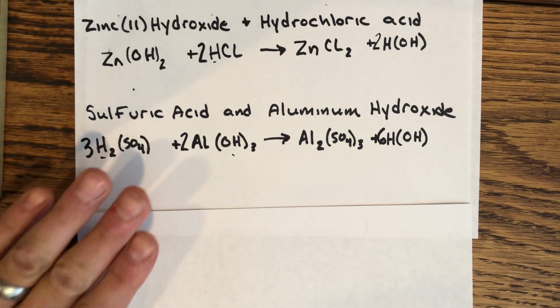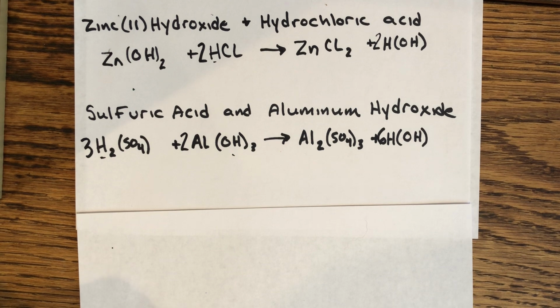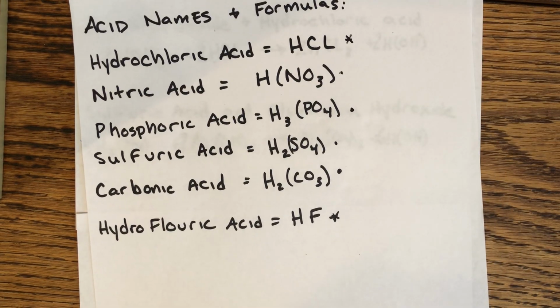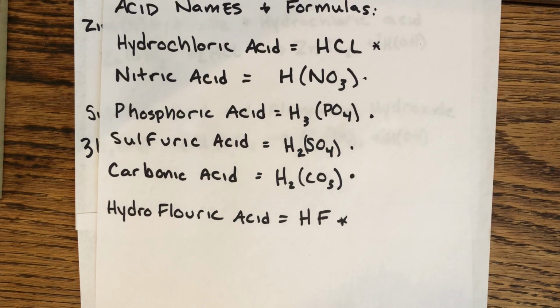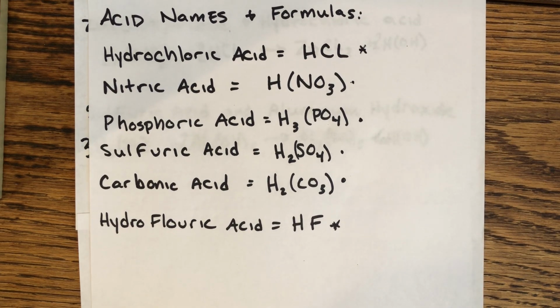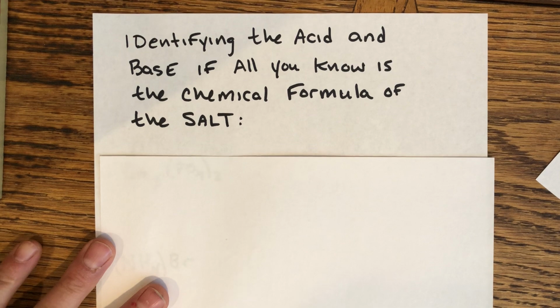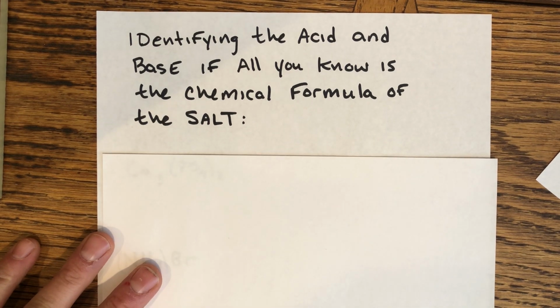So that's how you would write the neutralization reactions if you've been given the names of the acid and the base. And again, just take note of the acid names and formulas so you can tell what formula to use in your equation, okay? Now, the other part of this process that's kind of fun, I think, is identifying the parent acid and the parent base.